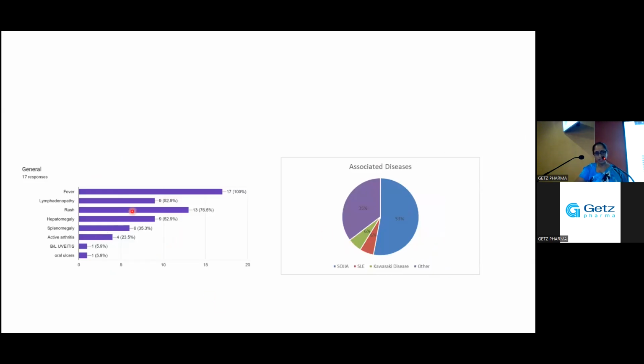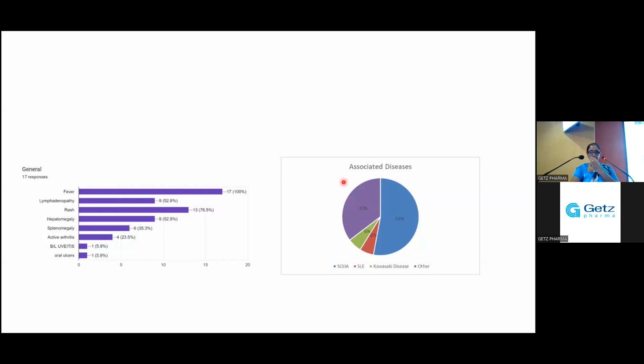In our cohort, all 17 patients, 100%, have had fever, lymphadenopathy, rash, hepatomegaly, splenomegaly, active arthritis, some have had uveitis, and also oral ulcers. So those are the observations in our cohort. 53% had sJIA, and 35% had other diseases together.